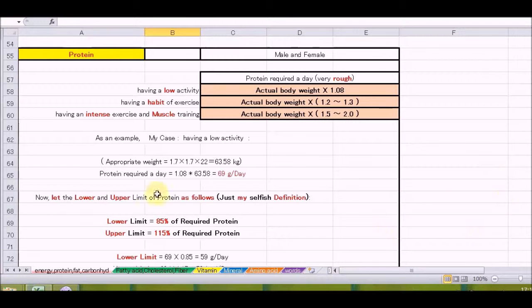For example, in my case, having a low activity, appropriate weight is 63.58 kilogram. And so protein required a day is 1.05 multiplied by 63.58 is equal to 69 grams per day.